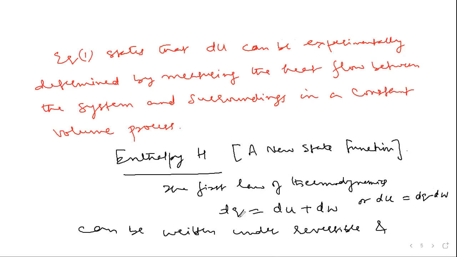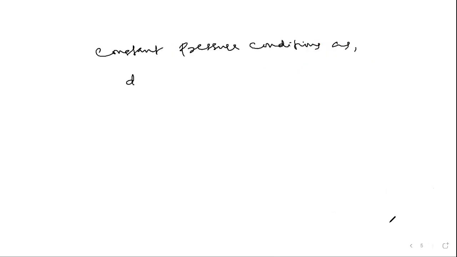I took this term to the left hand side. So I get du is dq minus dw. Now I can write du is dq subscript p, where subscript p indicates that the conditions are constant pressure conditions.